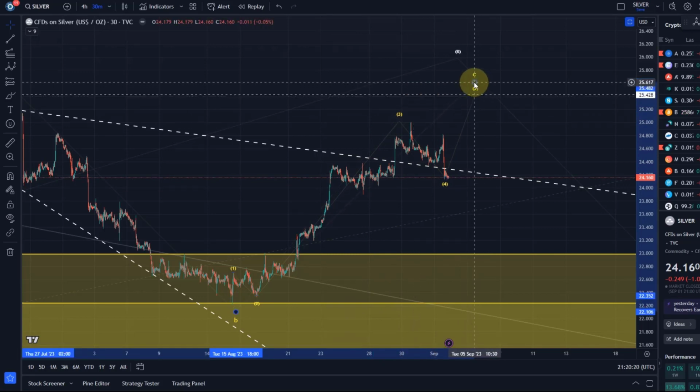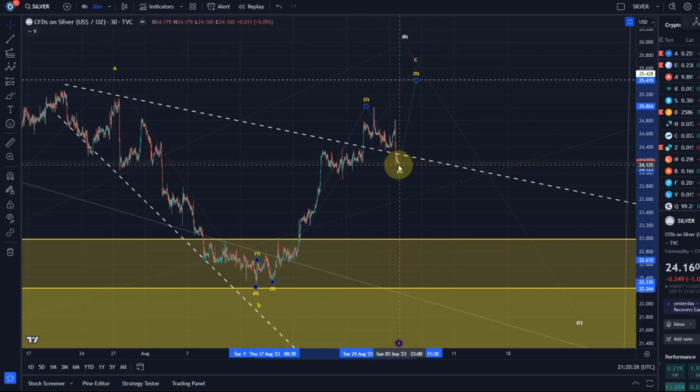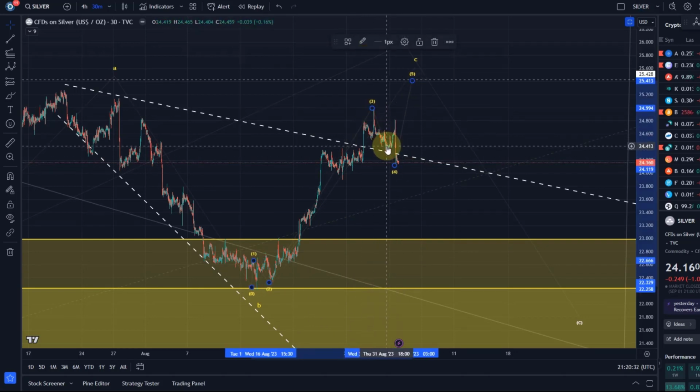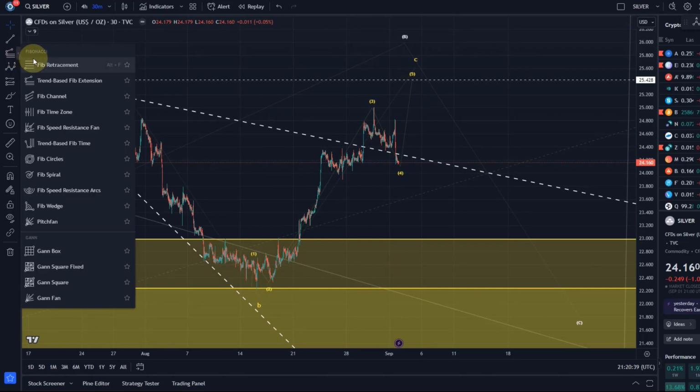So how do we know which one is going to play out? Well, we have to add relevant support. So if we leave it like that, and I assume this might be a wave 4 pullback with an A wave, a B wave, and a C wave, then I need to figure out what is the relevant support for the wave 4.